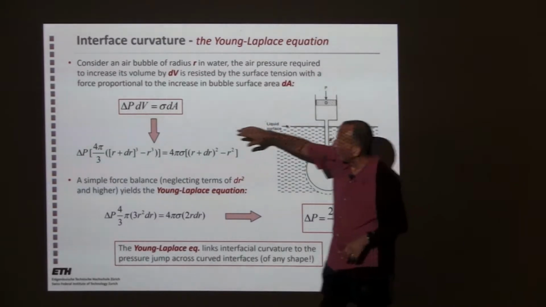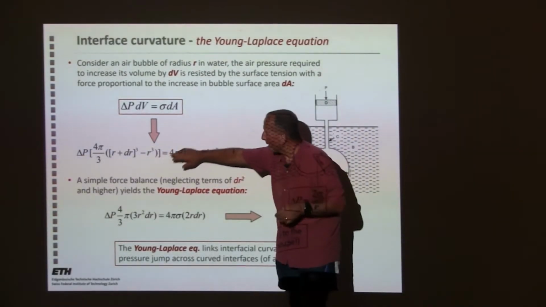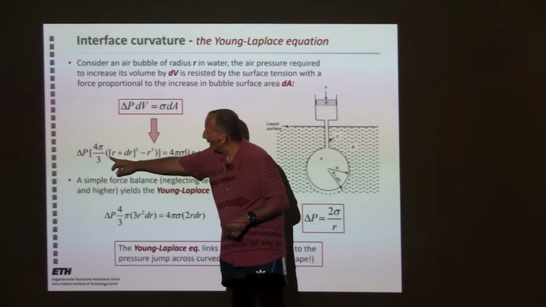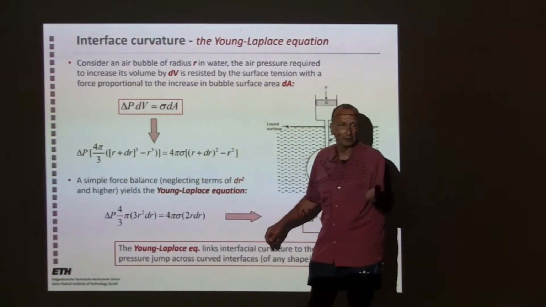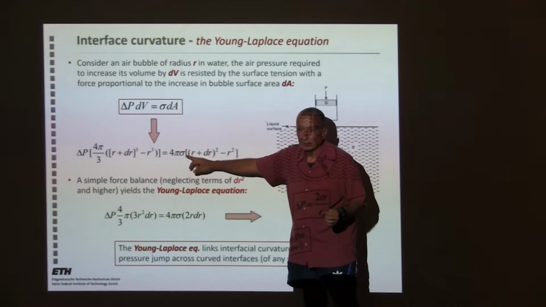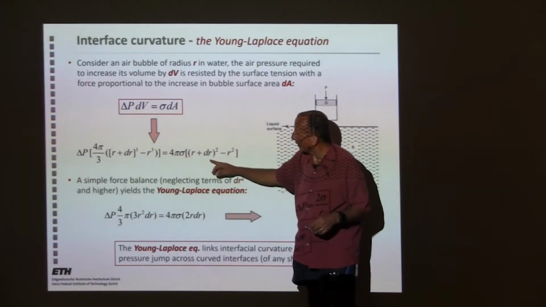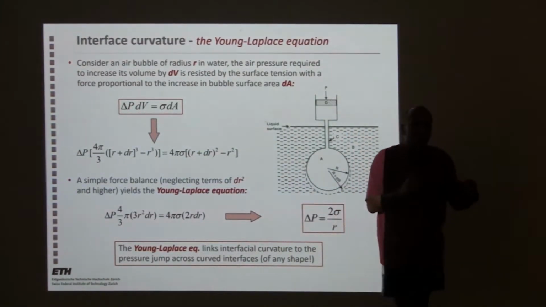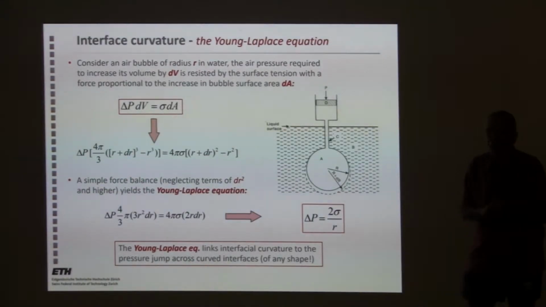If I apply the spherical geometry to this problem, I have delta P dV, and dV would be basically a sphere, equal to surface tension times, at equilibrium, the increase in surface area of that bubble.